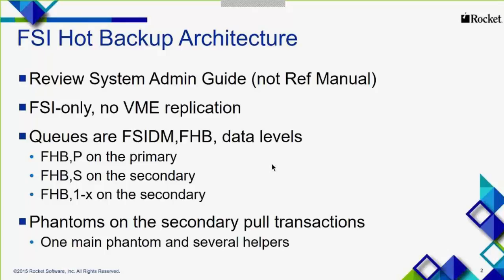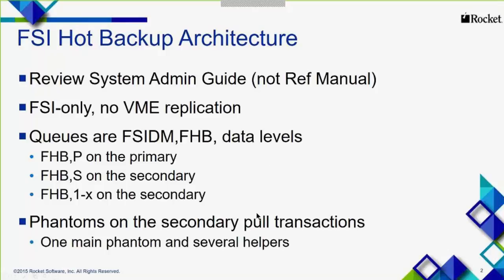On the secondary, there's a main queue called FHB,S, which is where the P file on the primary is replicated to, and then there are some support files, FHB,1 through X, as default 1 through 3. These are sub-queues to help with distribution of the workload of applying Hot Backup, which you'll see later.